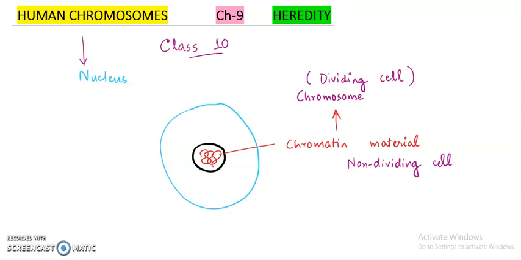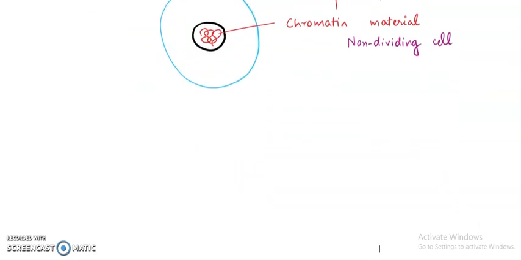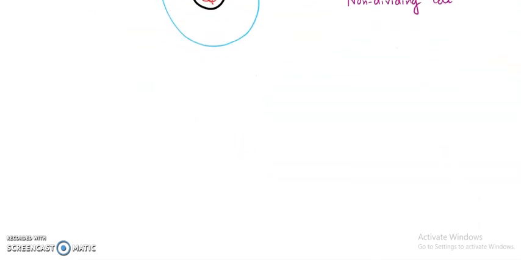A dividing cell is one that shows cell division, and that cell division can be mitosis or it could be meiosis. That means chromosomes can be observed during cell division. Now you have understood the basic logic of when chromosomes are visible.